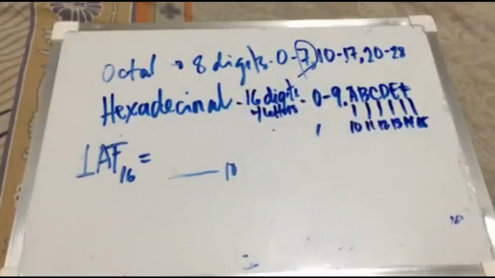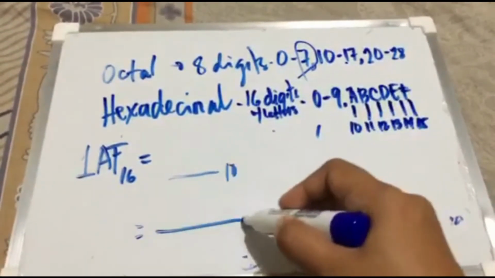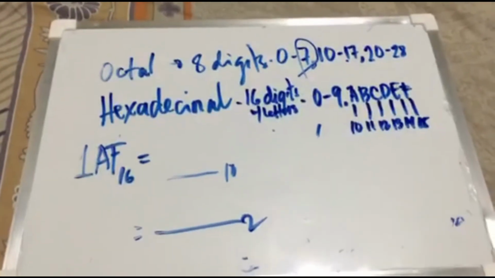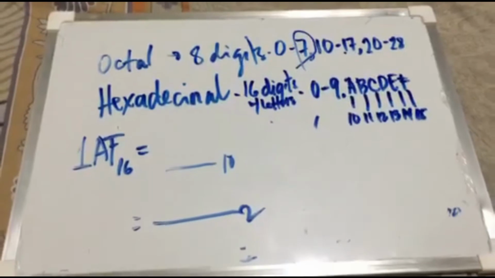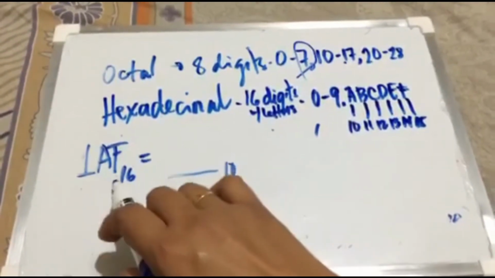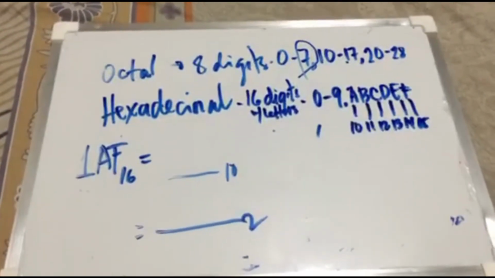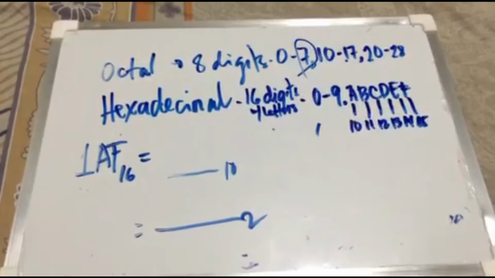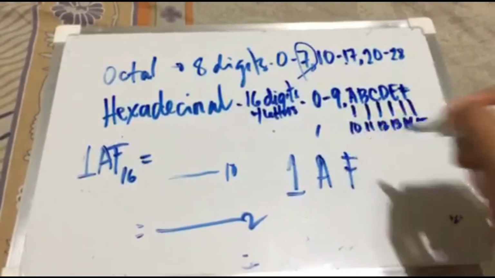All we have to do is to convert it first to binary. So for each digit of this hexadecimal number, we have to get the binary equivalent. So 1, A, and F.